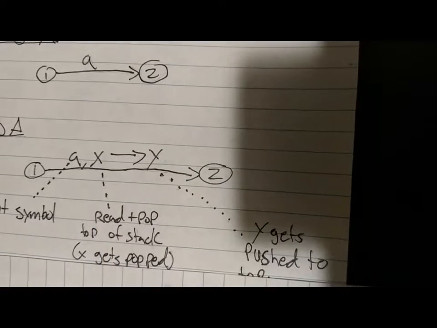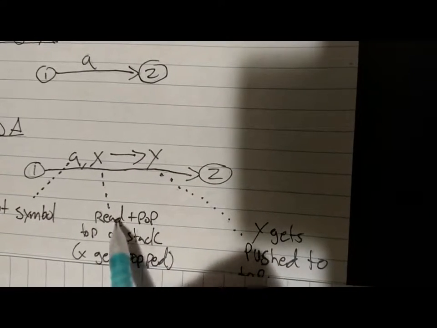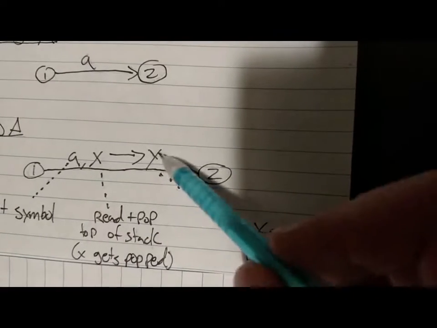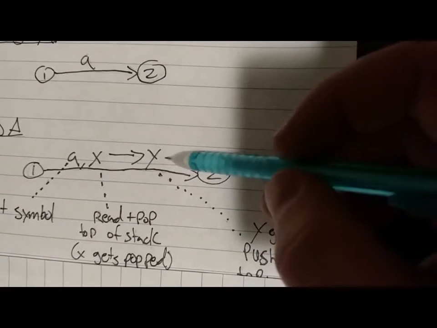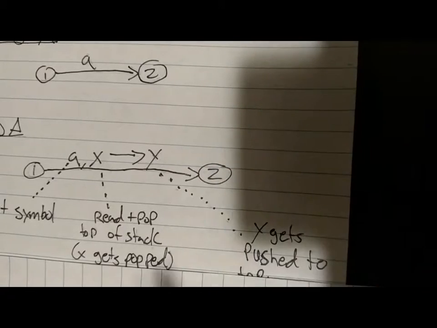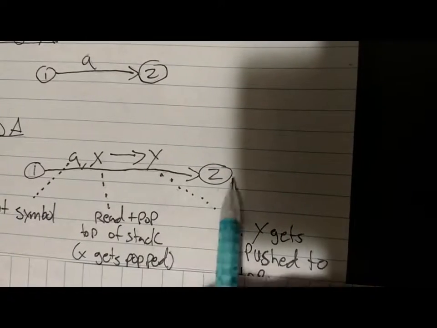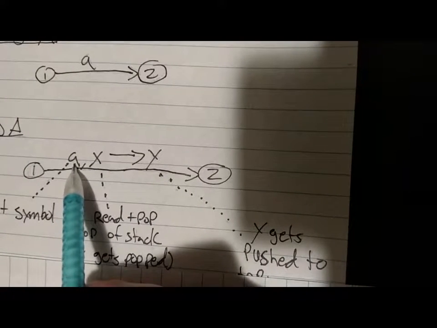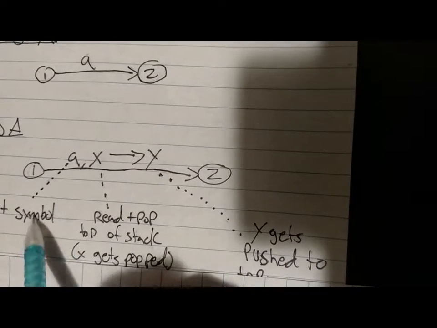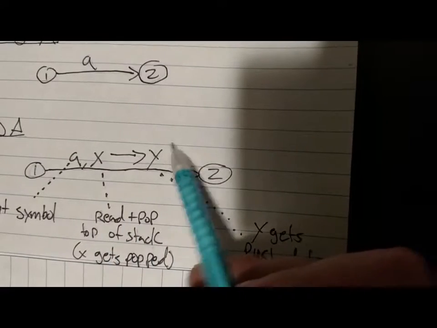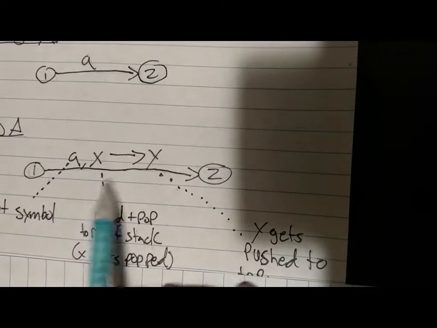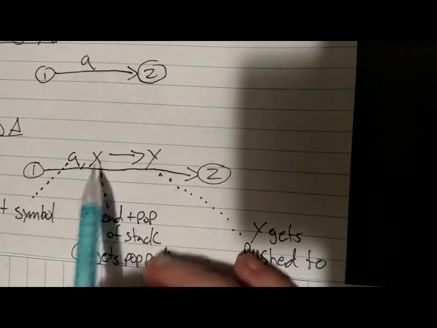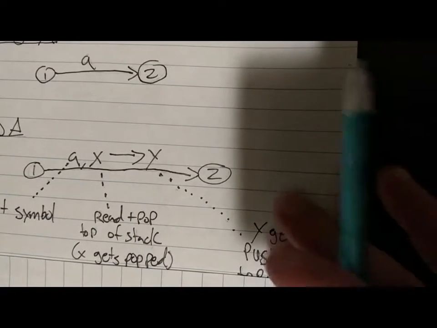The second position is reading and popping from the top of the stack, and then this third position is what gets pushed to the top of the stack. So, to get from state 1 to state 2 in this particular example, A has to be our input symbol, X has to be at the top of the stack, and Y gets pushed to the top of the stack, so basically taking the place of X on our stack.